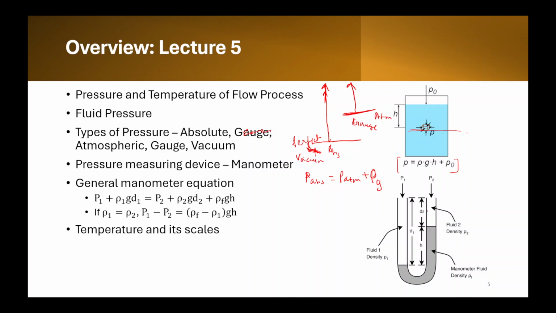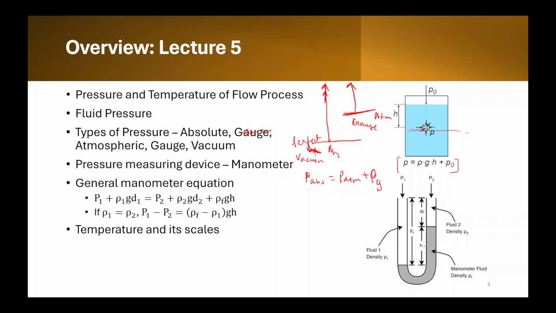On the right limb is fluid 2 with density rho 2, and the P2 pressure is being applied. The heights of these fluid columns are also given: this is d1, this is d2, the height of the fluid 2 column, and this is the difference in the height of the manometric fluid.